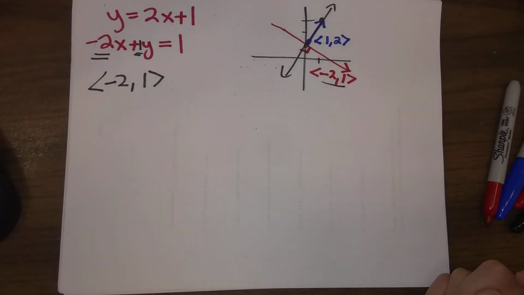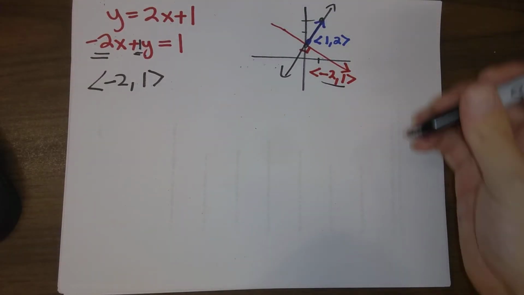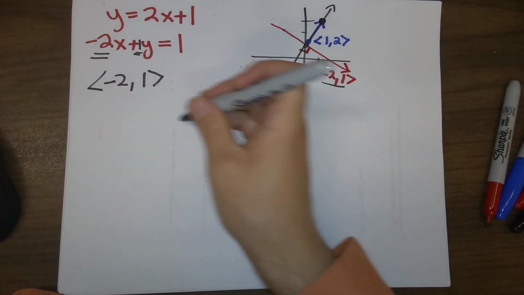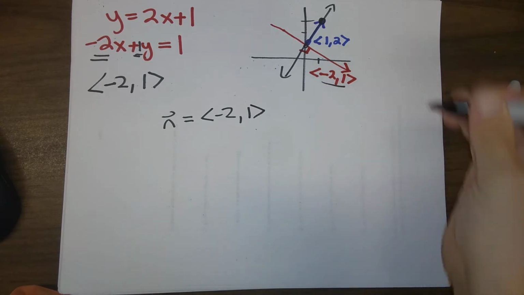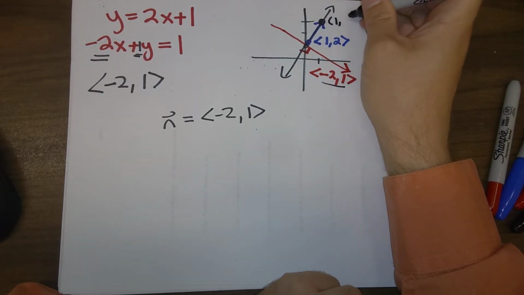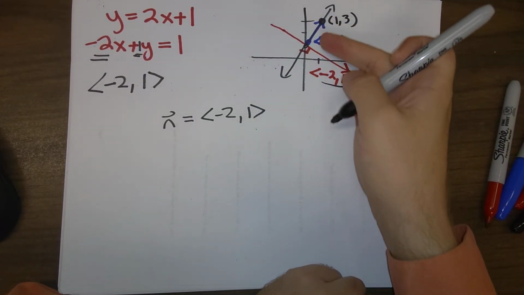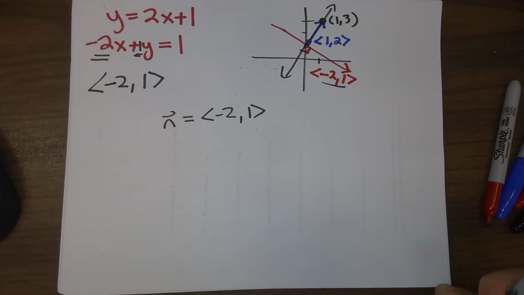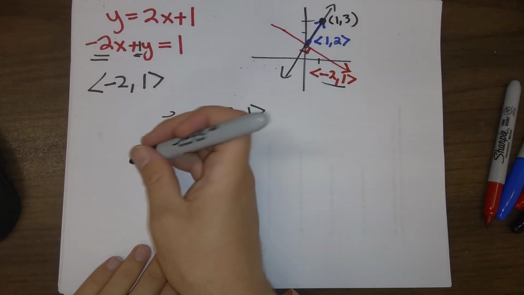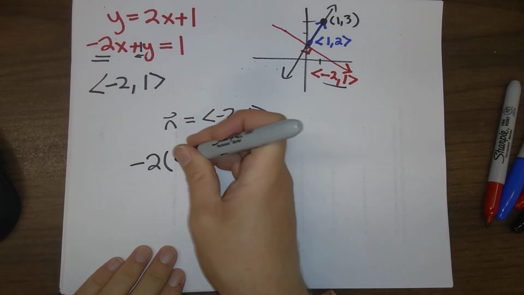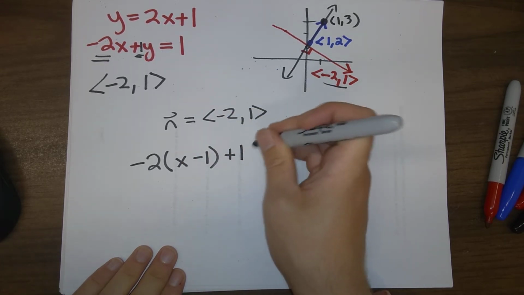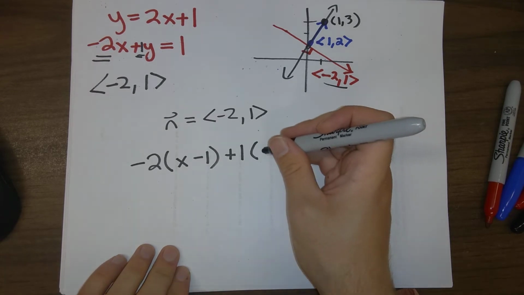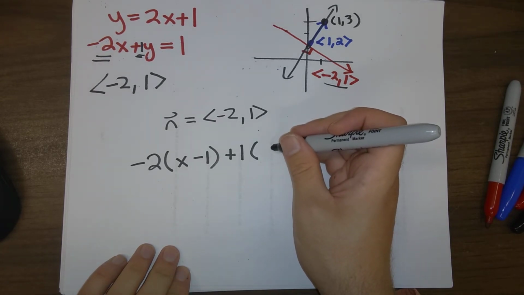Let's see what we can do. We know our normal vector for the line is -2, 1. And we can realize that the point 1, 3 is on the line. So guess what? We can combine that information together in the same exact way that we did for the planes to come up with an equation for the line.